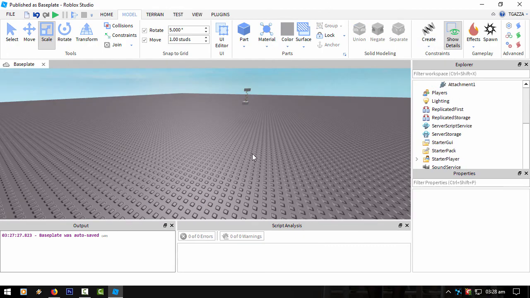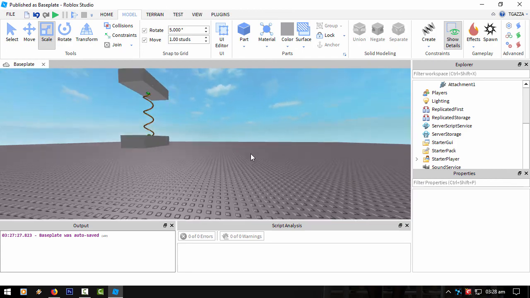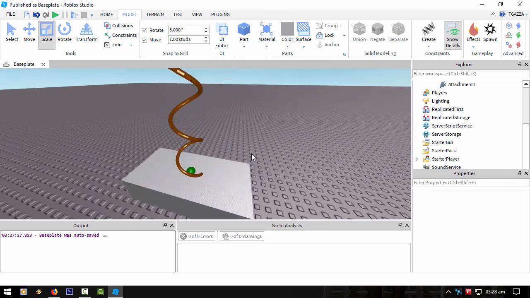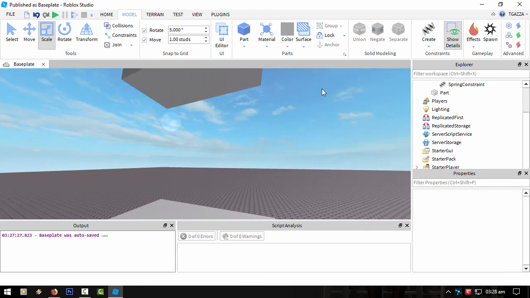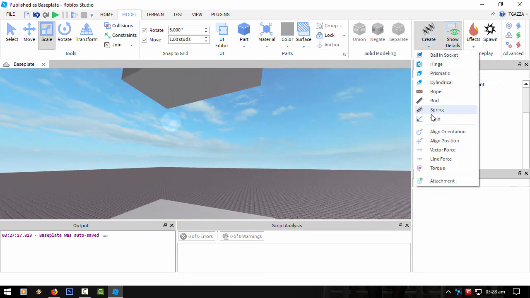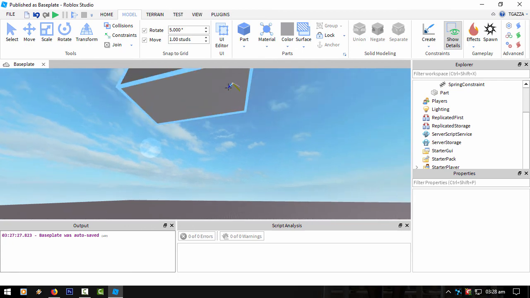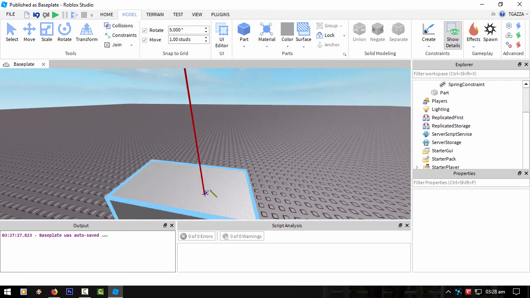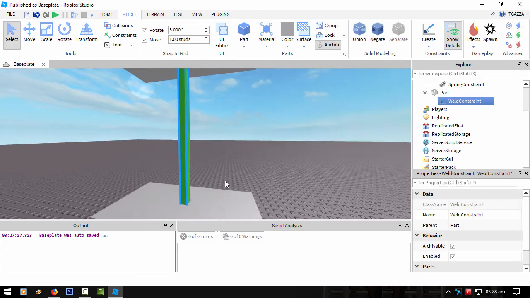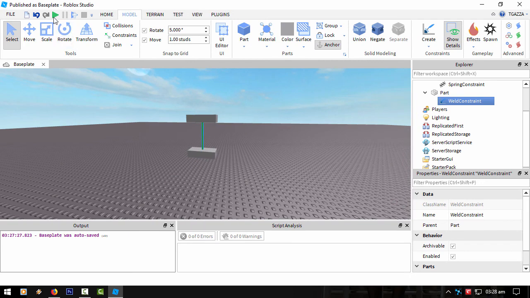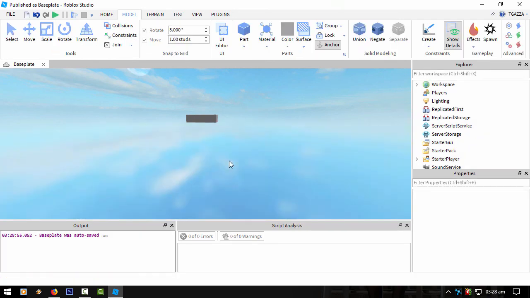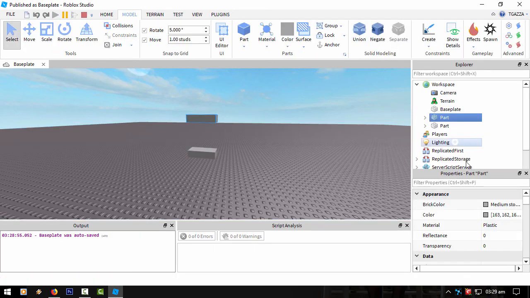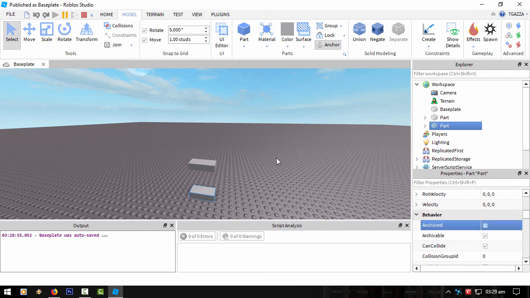So let's see what this weld constraint is. I've got an idea what it might be. It might be a case of just welding two things together at that point, kind of like a normal weld script. So what would that do? Now let's unanchor both of those and see what it does.